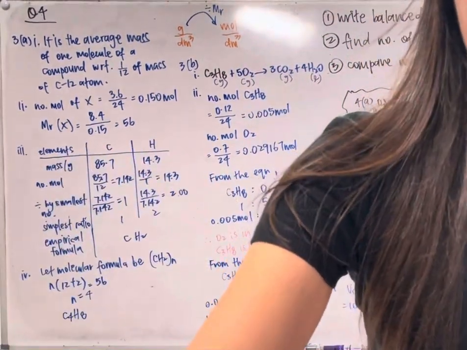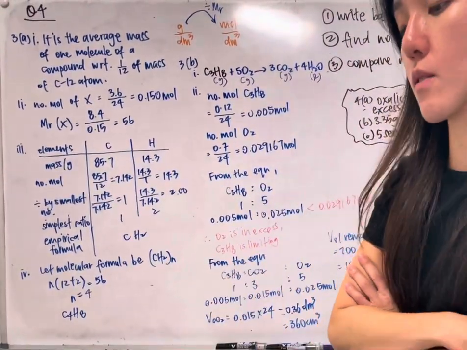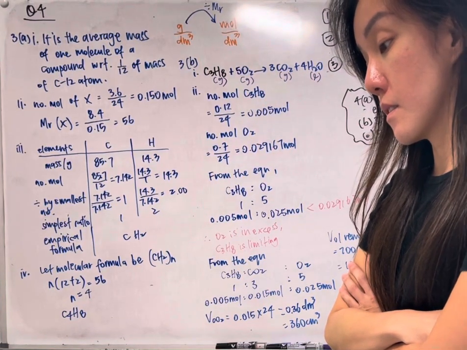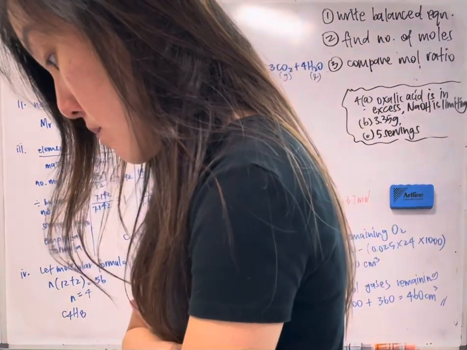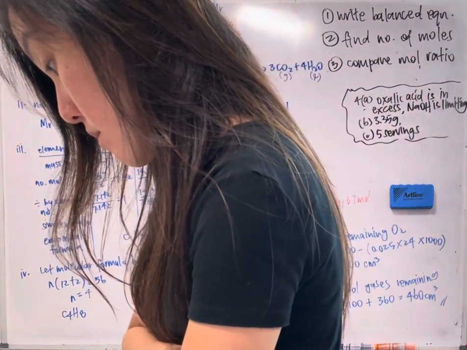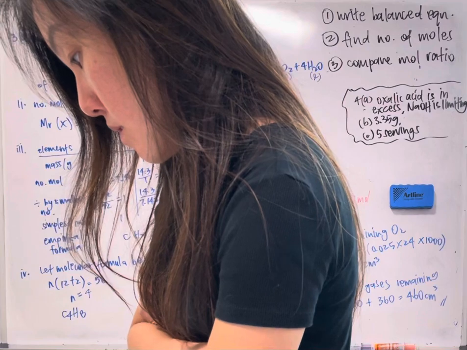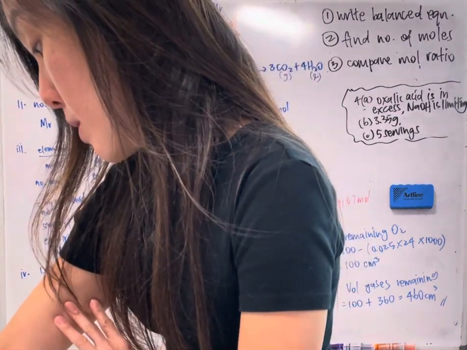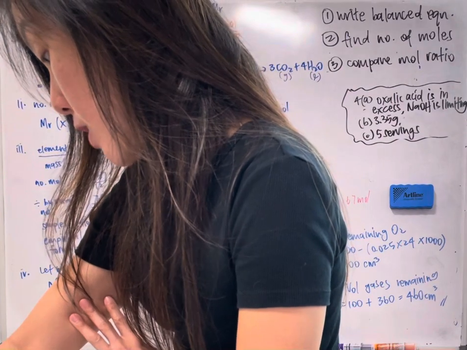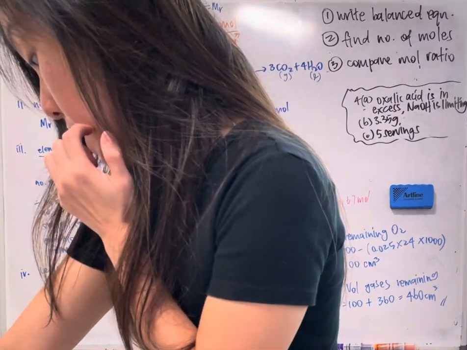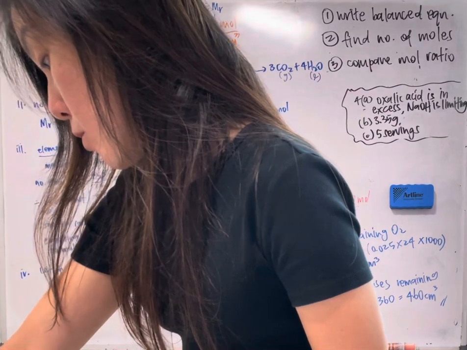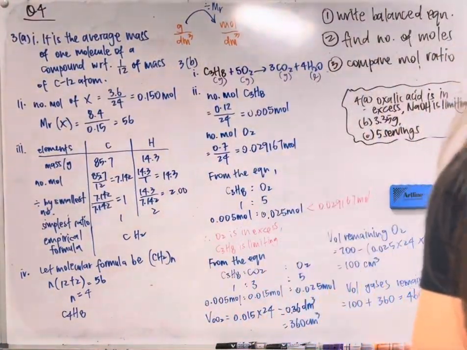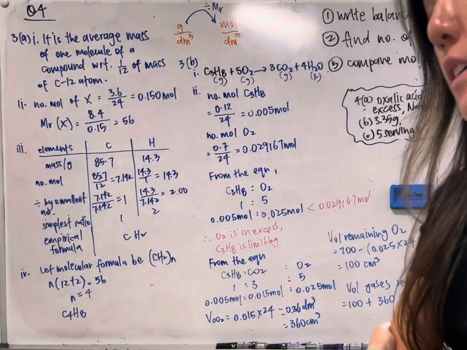I want to showcase it is very standardized in the questions they test for moles. Next time for O level, you must show me whether this is more or less than what we actually have. So this is what we actually have, right? So you must say that this is more than 0.05. That's why we have not enough. That's why NaOH is limiting. Okay?